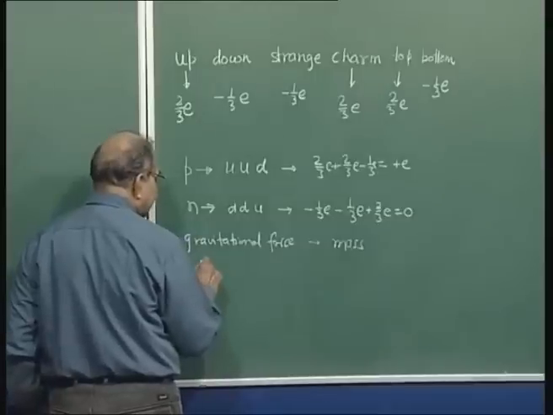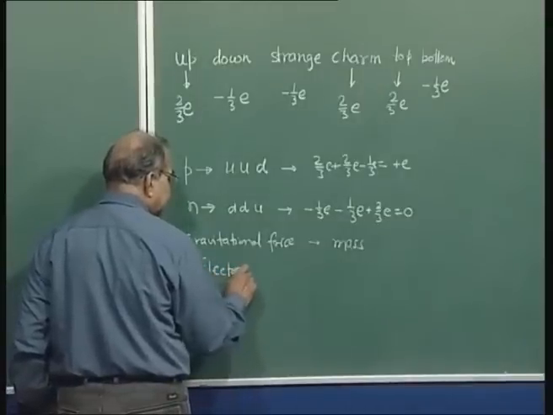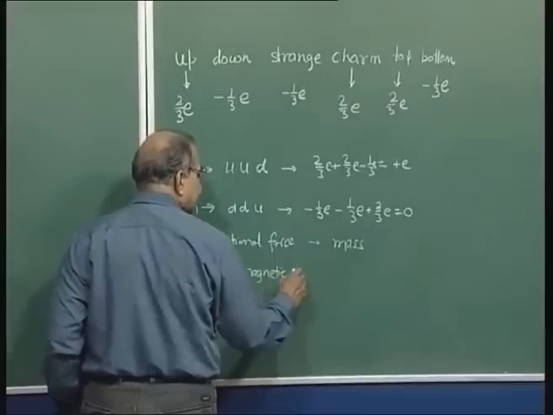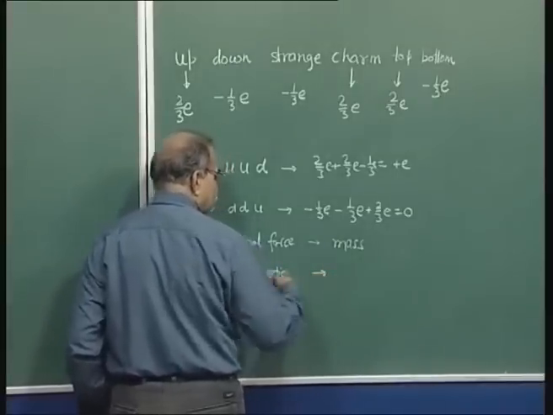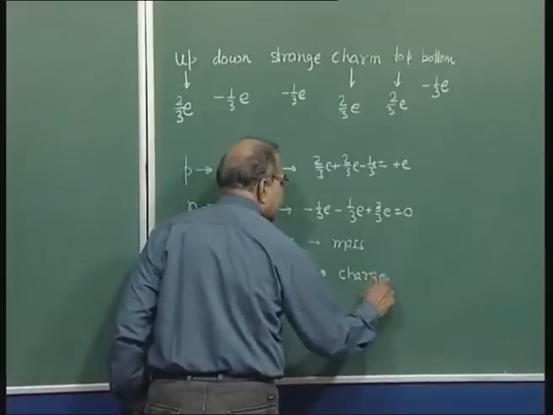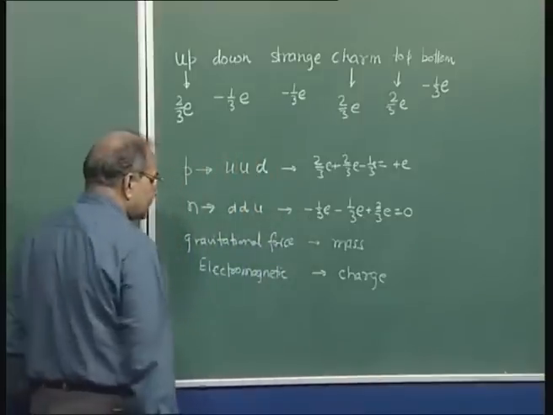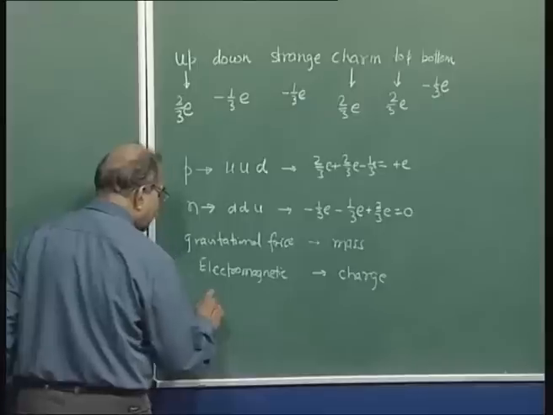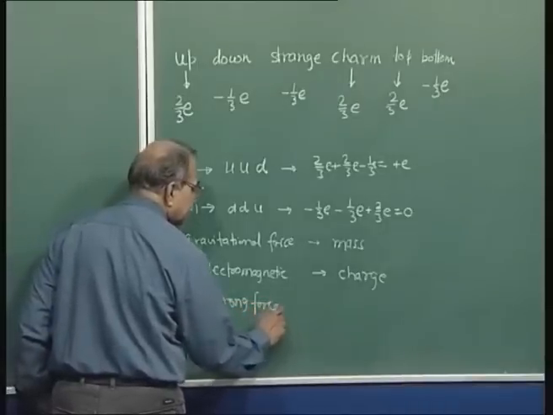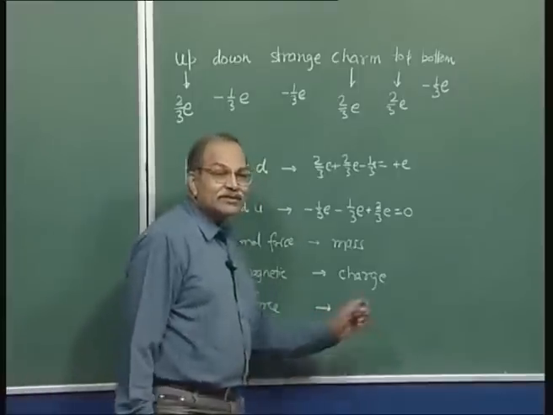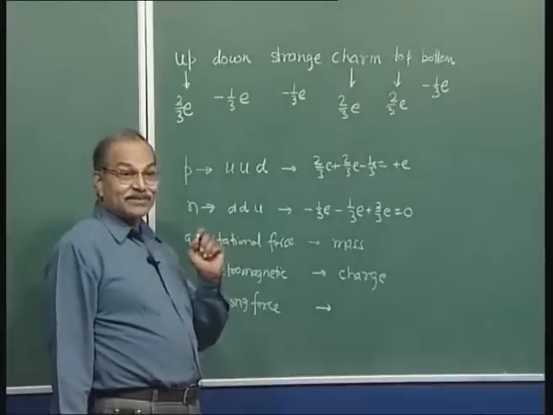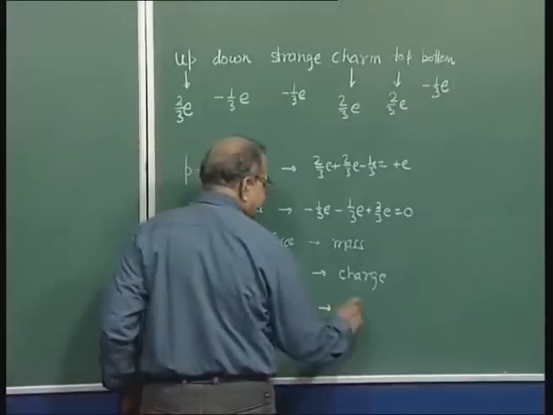Similarly, the electromagnetic interaction: where is it coming from? The Coulomb force comes from charge. If you have charges, you have electromagnetic interactions. Similarly, for the strong force, what is that quantity? That quantity is called color charge, or color. The technical name given is color.